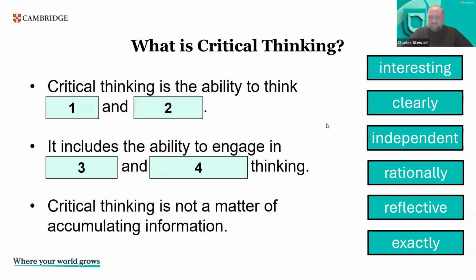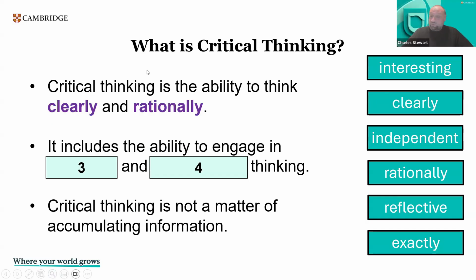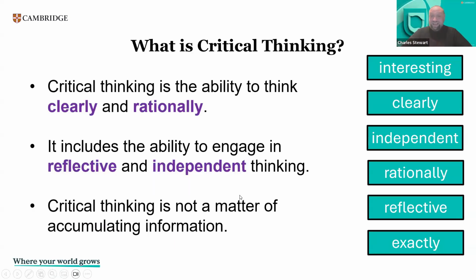Which of these words is number one? Clearly, well done, and rationally, excellent. It includes the ability to engage in what and what thinking. It is, in fact, reflective and independent thinking.